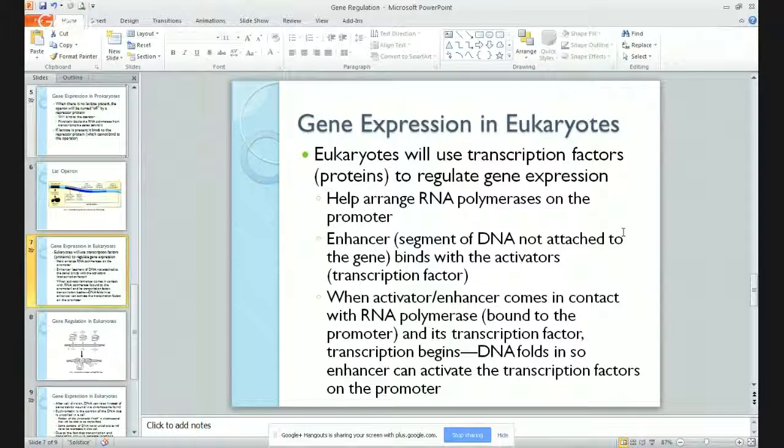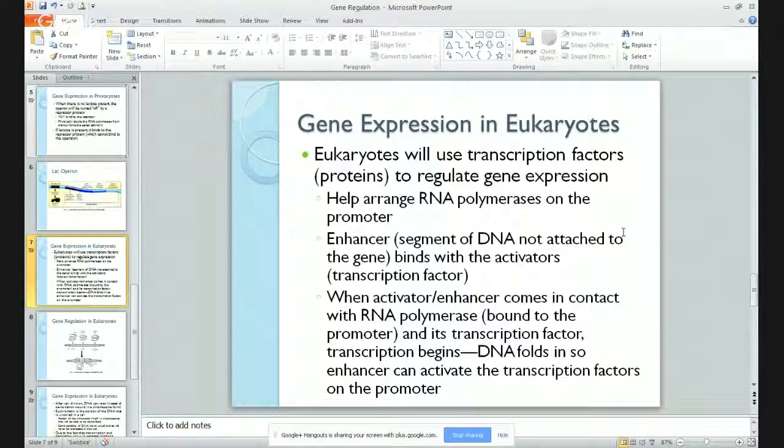So basically an activator is a protein. The enhancer is going to bind with the protein, which is the activator. The activator is a specific transcription factor, which is a protein. I know it sounds really crazy. It's a lot of words.